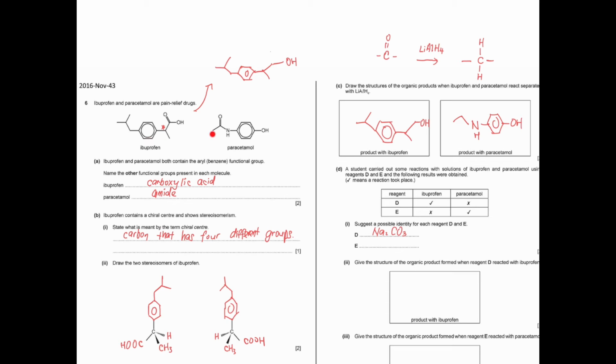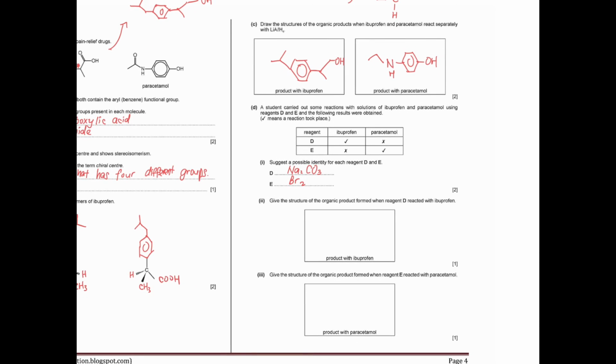So this one reacts with bromine, and this one does not. So we can take that as our answer, and we can put Br2 here. If you're wondering why phenol reacts with bromine but this one does not, it's because phenol is ring activated. It is reactive. But this benzene ring is not ring activated. It is rather ring deactivated. So it doesn't react with bromine. Now let's move on.